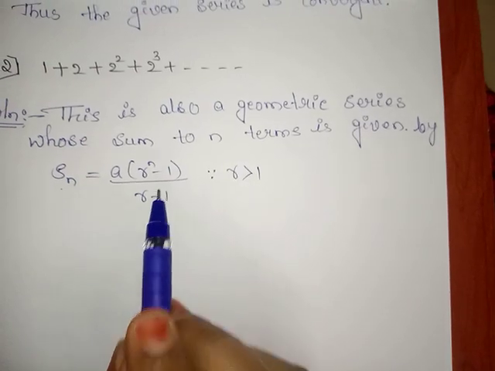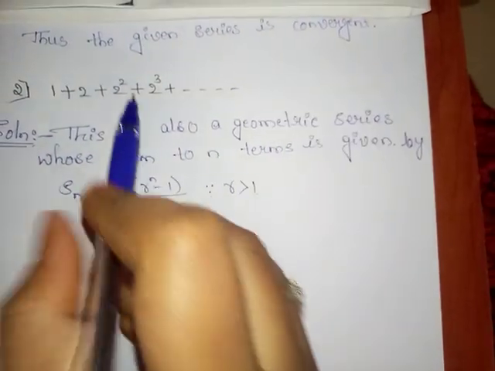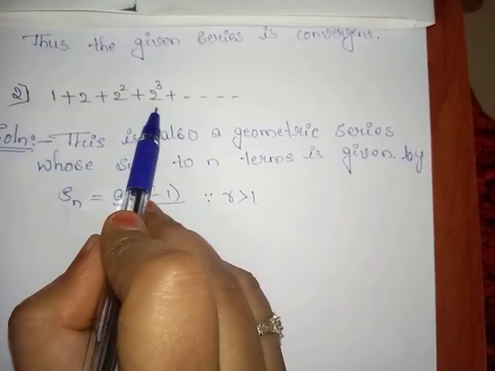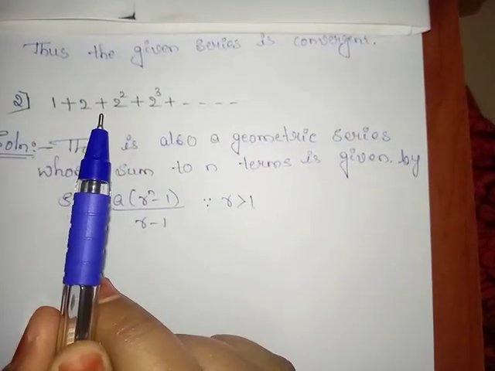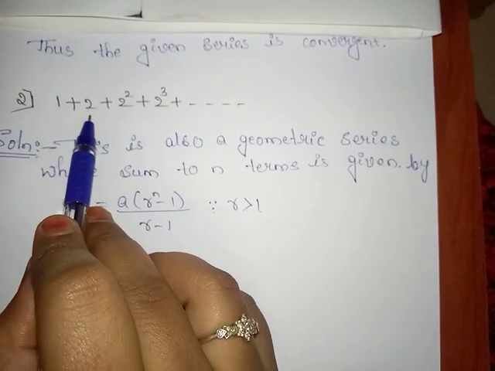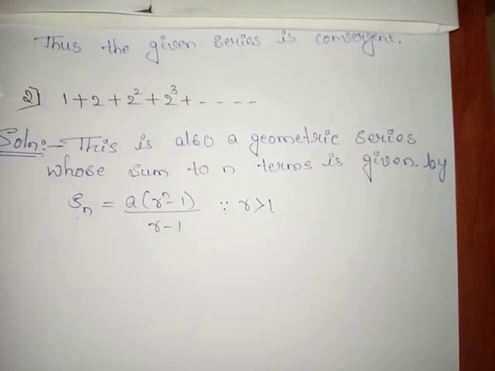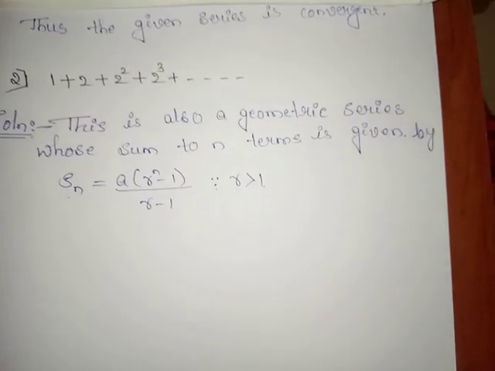And now I am taking the second result since r is greater than 1. See here, on seeing this series, we conclude that a value is 1 and r value is 2. Since r is greater than 1, we have to take the second result here.